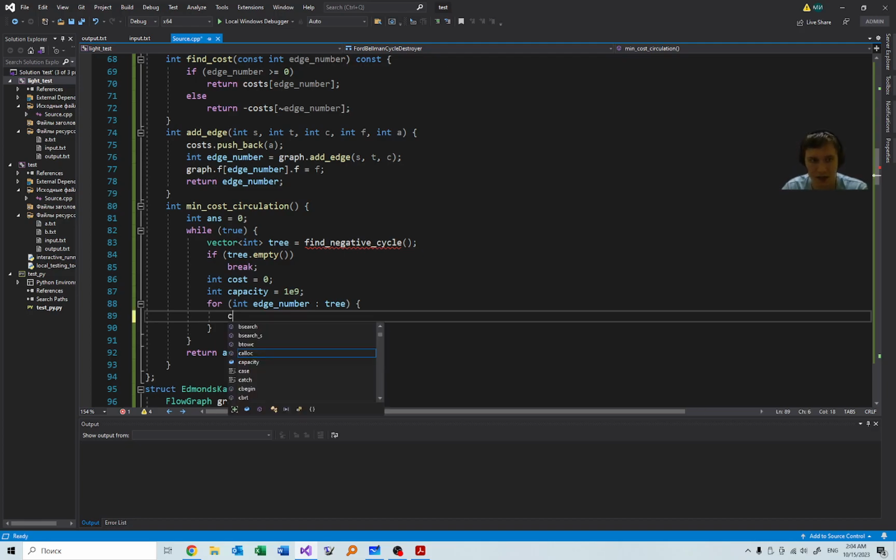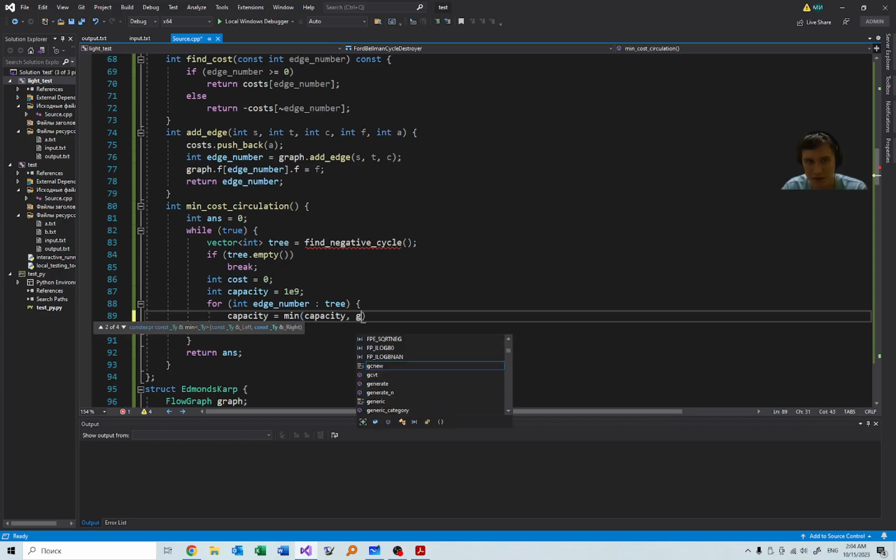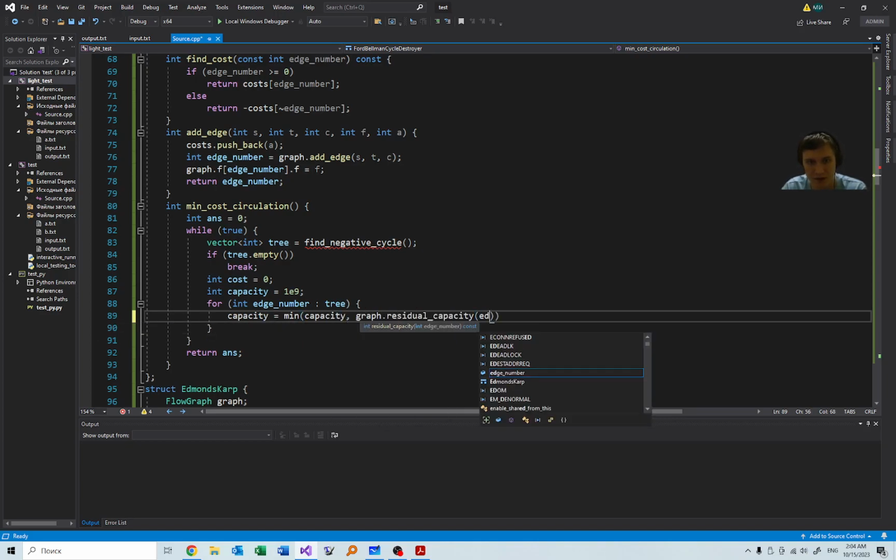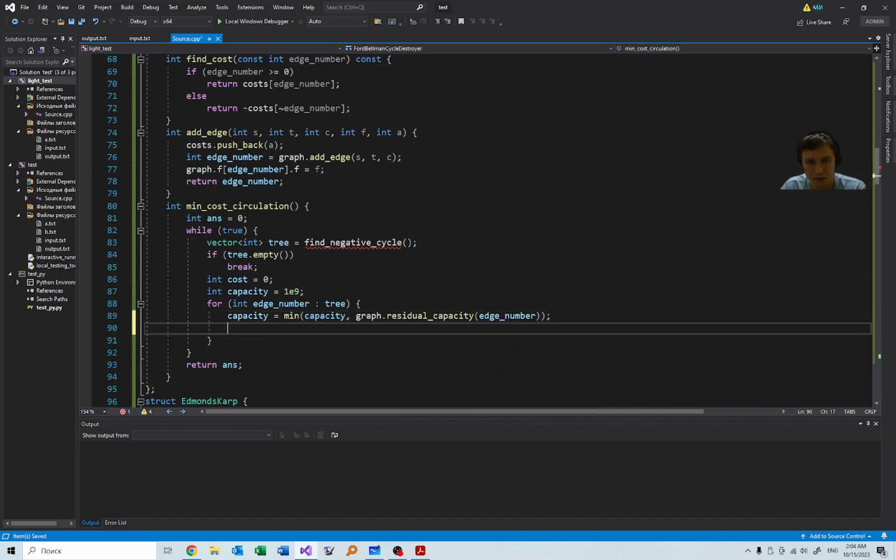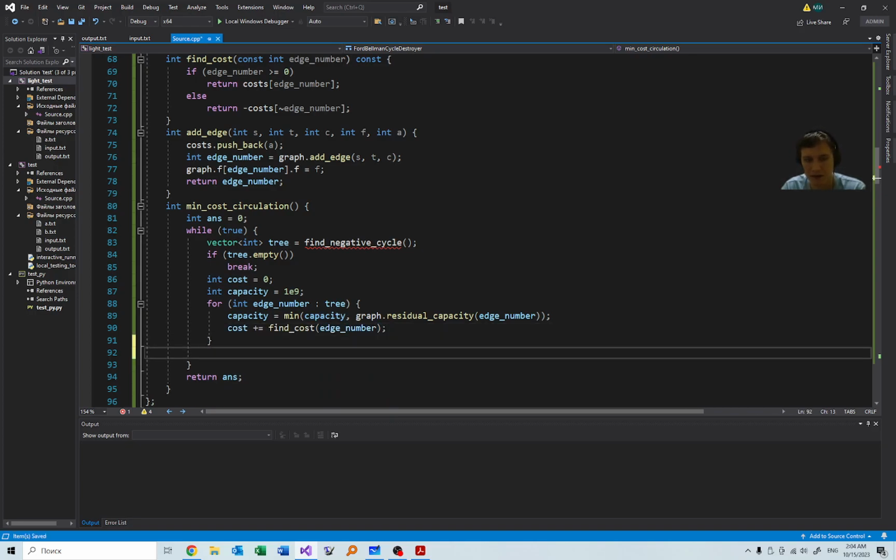So here I say that capacity is minimum of capacity and graph dot residual capacity of edge number. Also, cost plus equals find cost of edge number. Great. And finally, we push it. So first of all, ans plus equals cost times capacity.